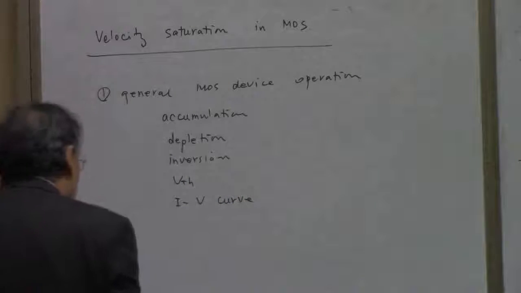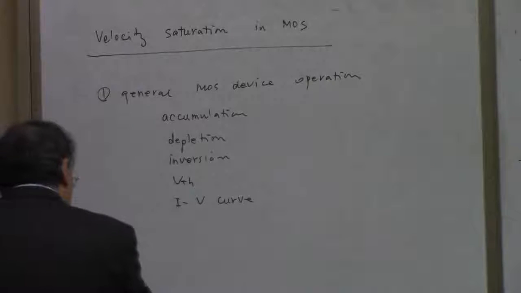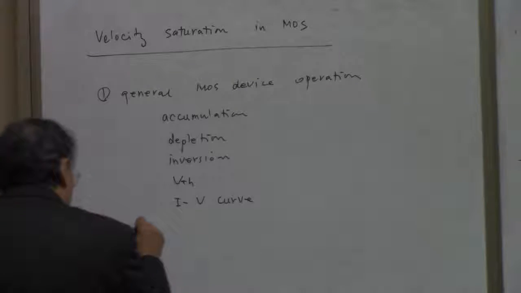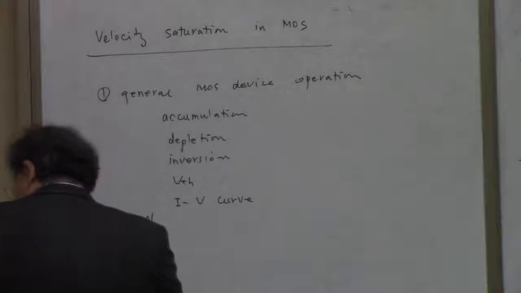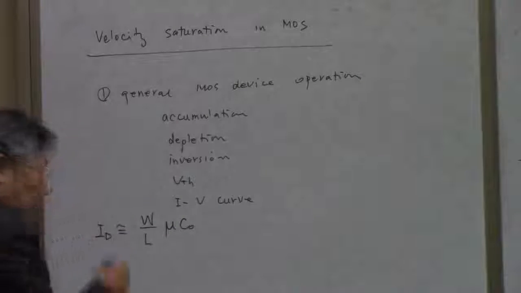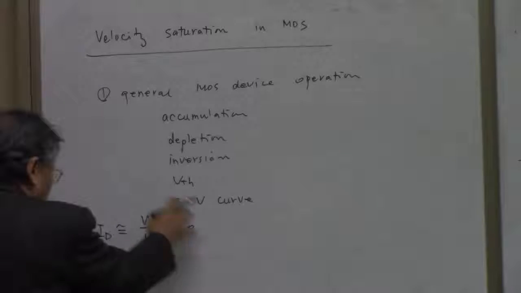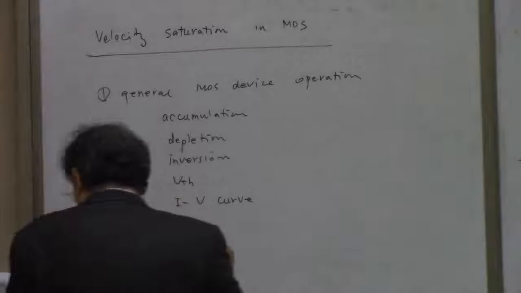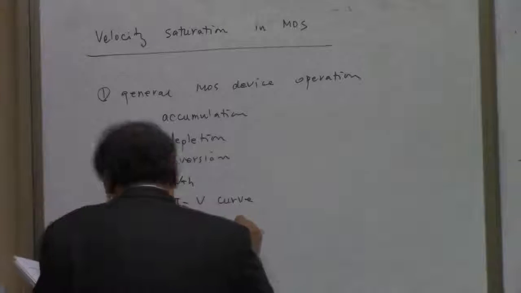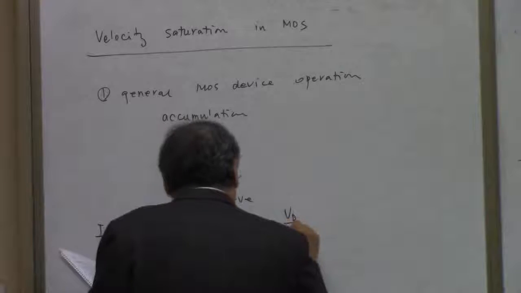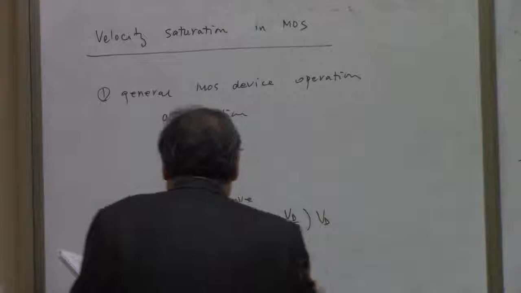Okay, and then especially the drain current can be modeled like geometric vector, and we lump all these things into the gamma in our class notes, and then (Vg minus Vth minus Vd over 2) Vd.